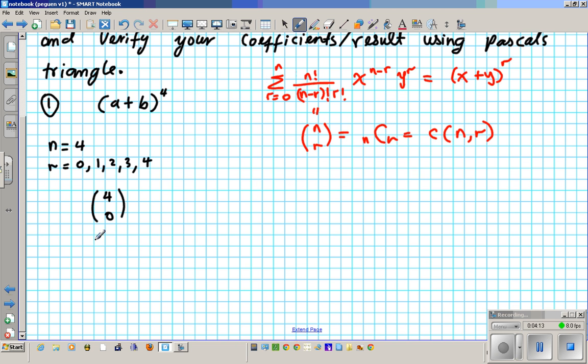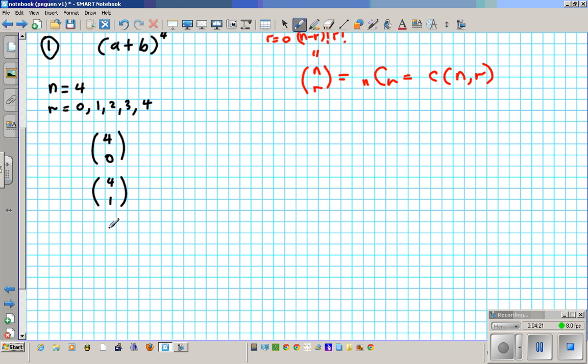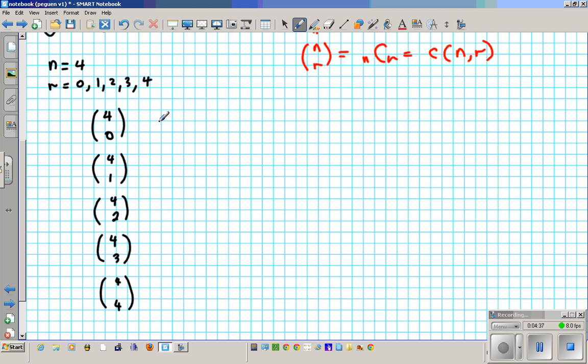Going down, the next one is going to be 4 choose 1, and then 4 choose 2, and 4 choose 3, and last but not the least, 4 choose 4. You end when they're the same. Remember, r starts from 0 and goes all the way to 4.